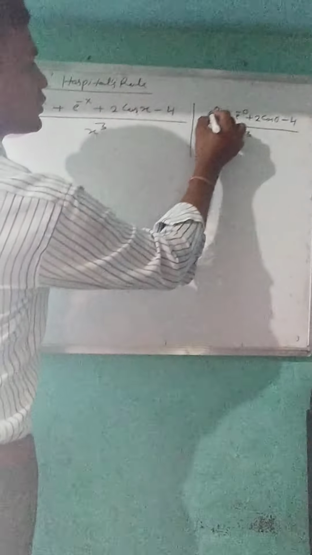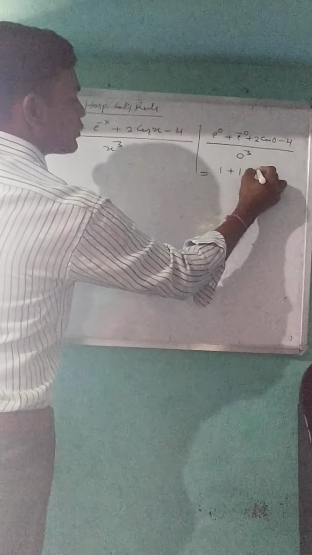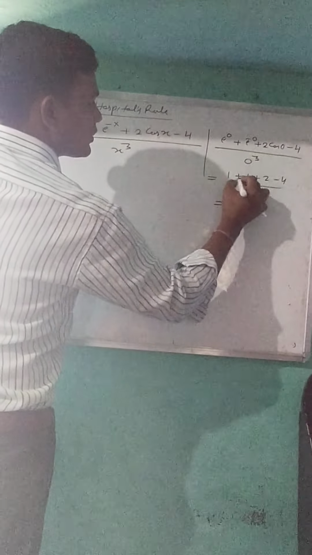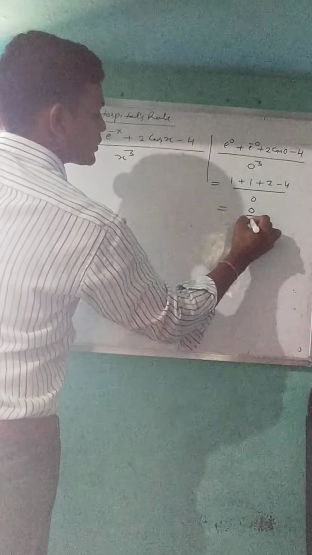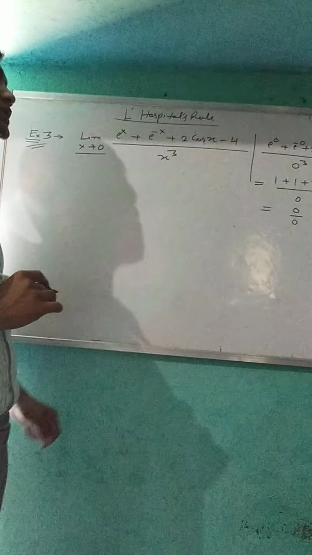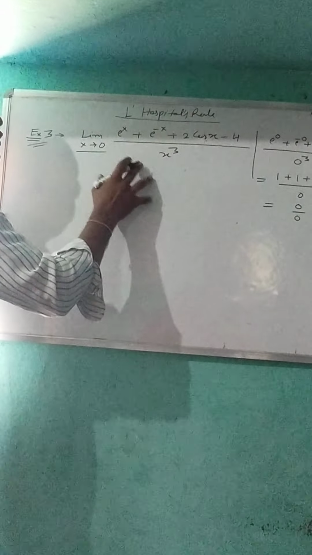E to the power 0 is 1, e to the power minus 0 is 1, cos 0 is 1, so 2 times 1 is 2, and 1 plus 1 plus 2 minus 4 is 0. The numerator is 0 and the denominator is 0. This is the indeterminate form when x tends to 0. It means we can apply the L'Hopital rule for solving this question.